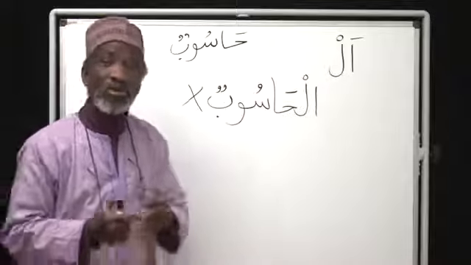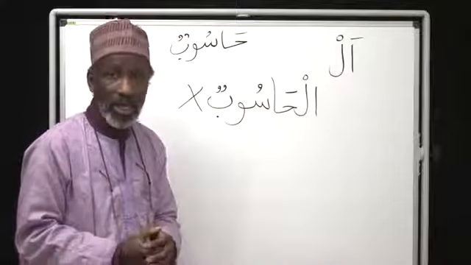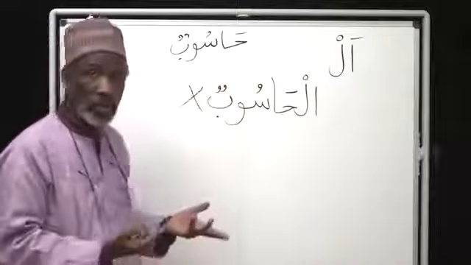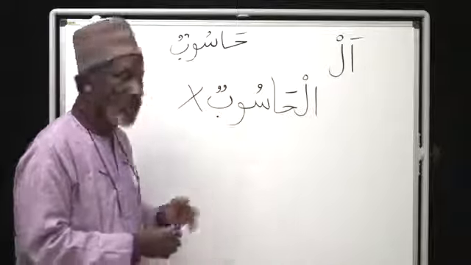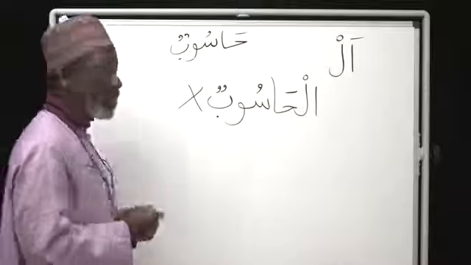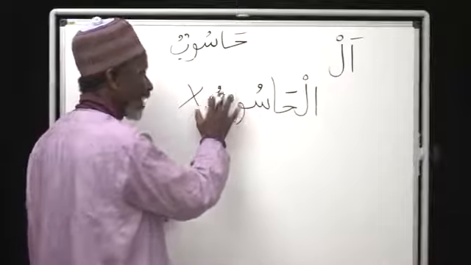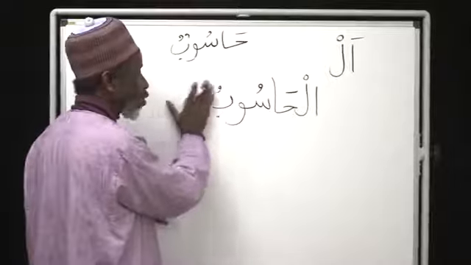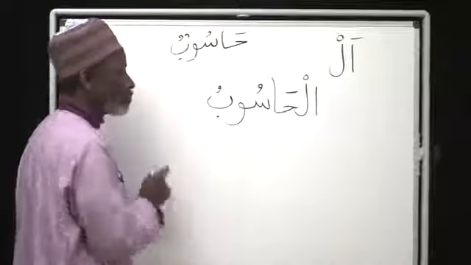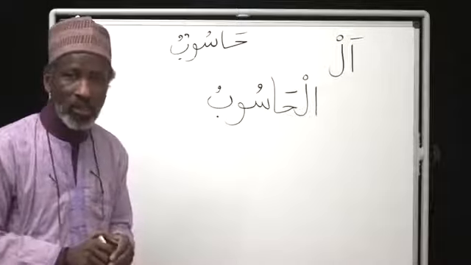You cannot say the a computer combined. Either it is a computer, hasubun, or the computer. How do we deal with this? The way it's dealt with in Arabic is to reduce this un into a single u, one dhamma. So al-hasubu, the computer.